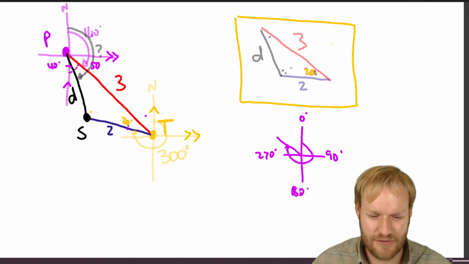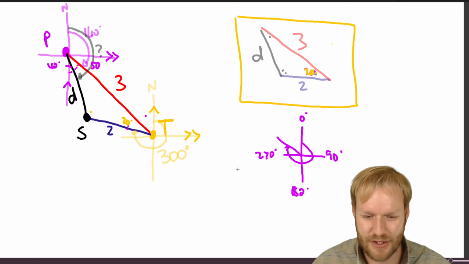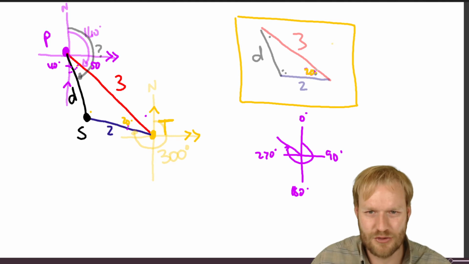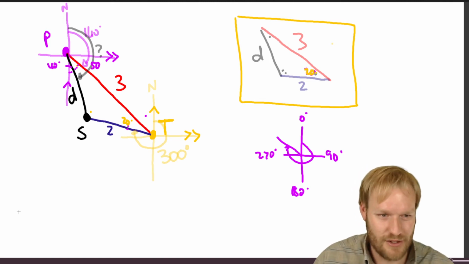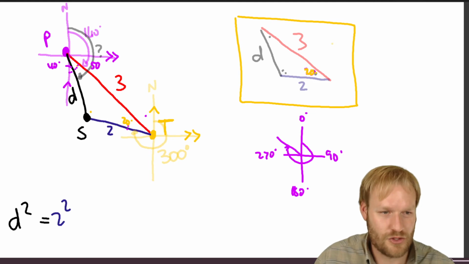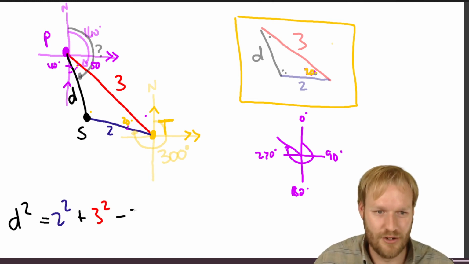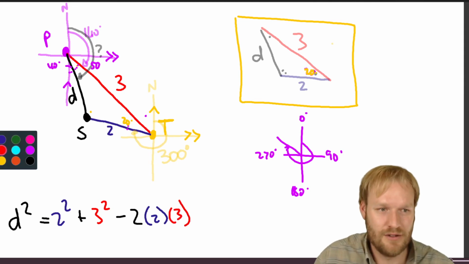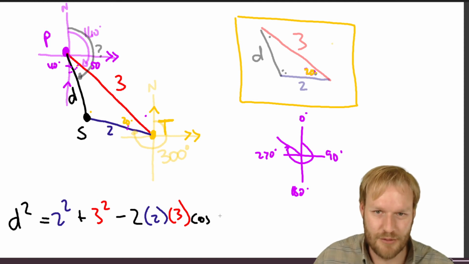Well, I definitely think the cos rule is going to work for us because our cos rule means that d squared equals 2 squared plus 3 squared minus 2 times 2, 3 times cos of the angle in between, right?